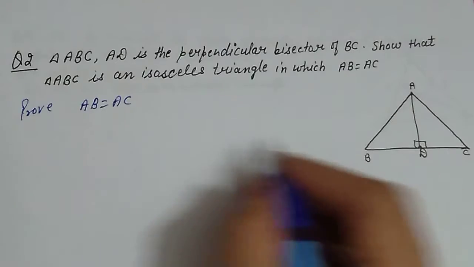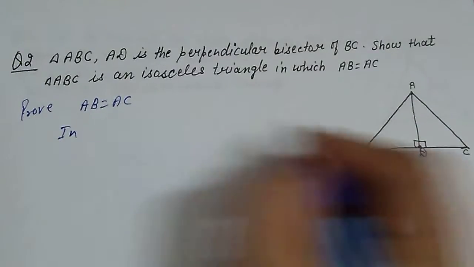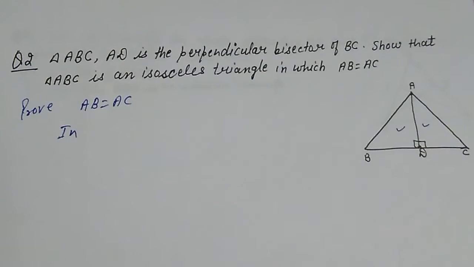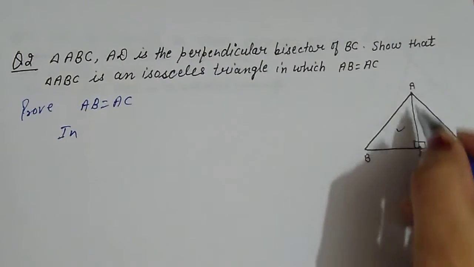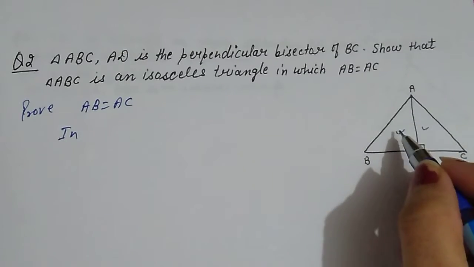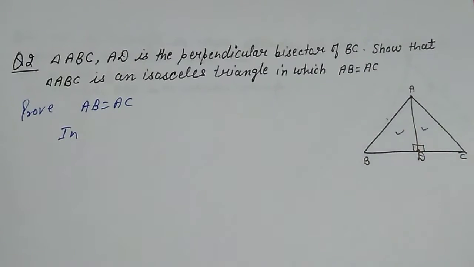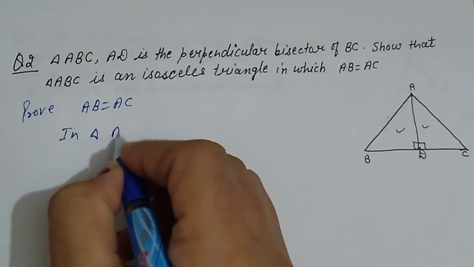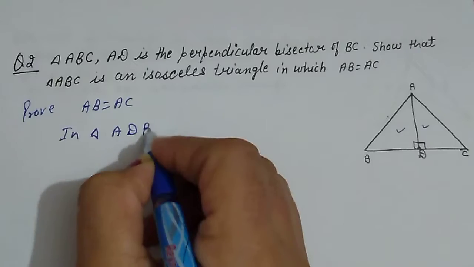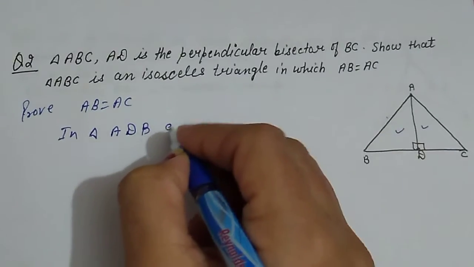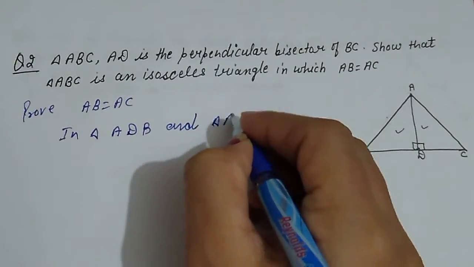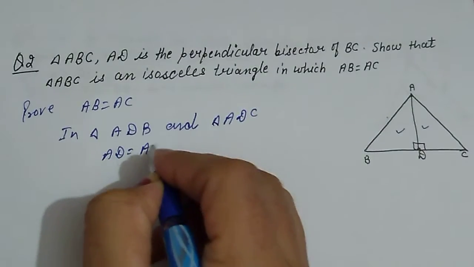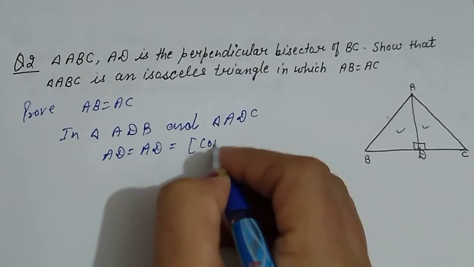If we prove these two triangles congruent, then we can easily prove this side equal to this one. Now in triangle ADB and triangle ADC, AD is equal to AD, that is common.